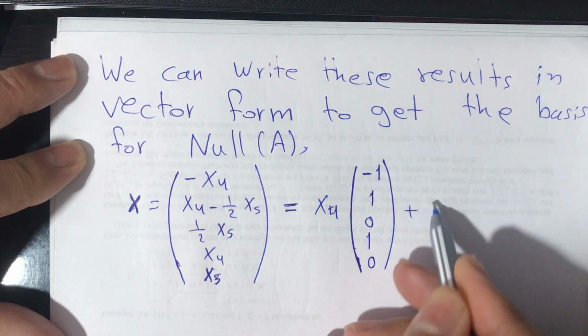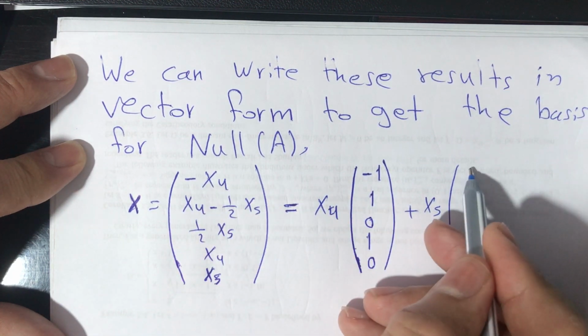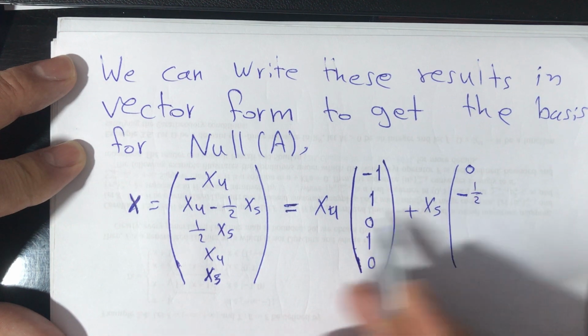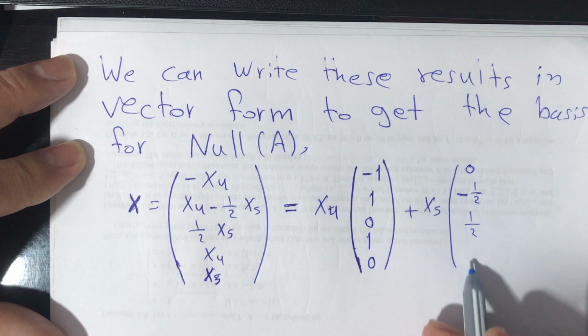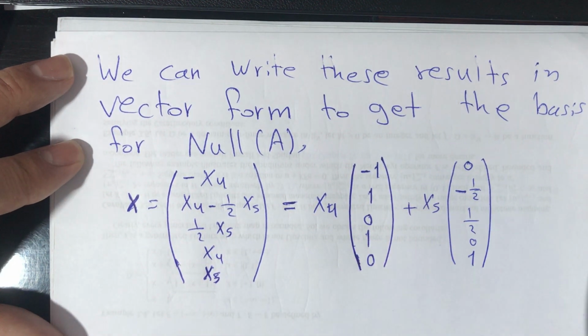This is plus x5, and here there is no x5, this will be 0, and here minus half, and here half, and here 0, and here 1.